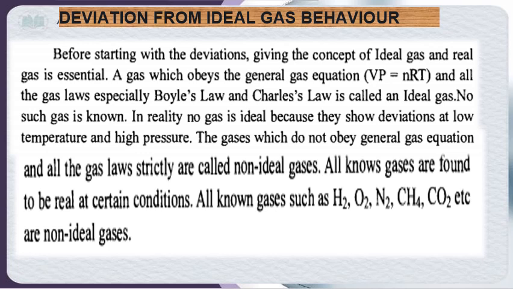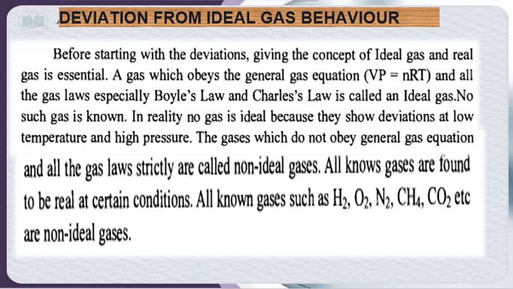But if it shows some other value rather than that given by these laws, then it will be considered as the real gas, which deviates from the normal ideal gas behavior, right? So here we have PV is equal to nRT. This is the general gas equation for the ideal gases, right?